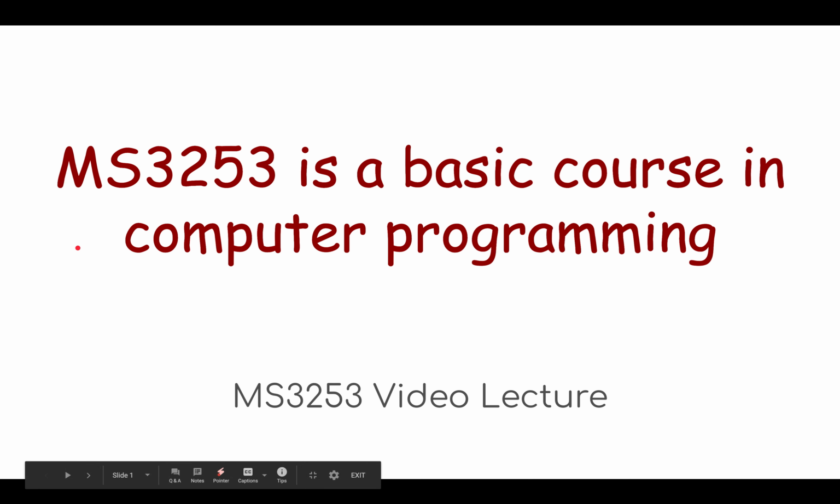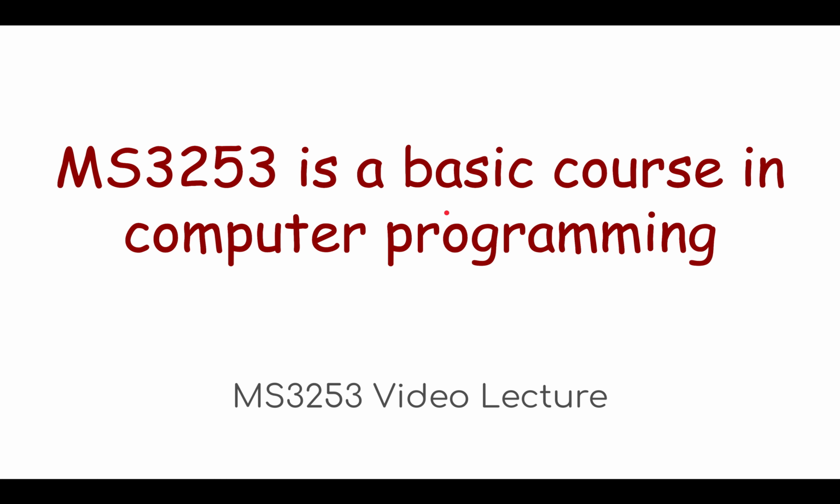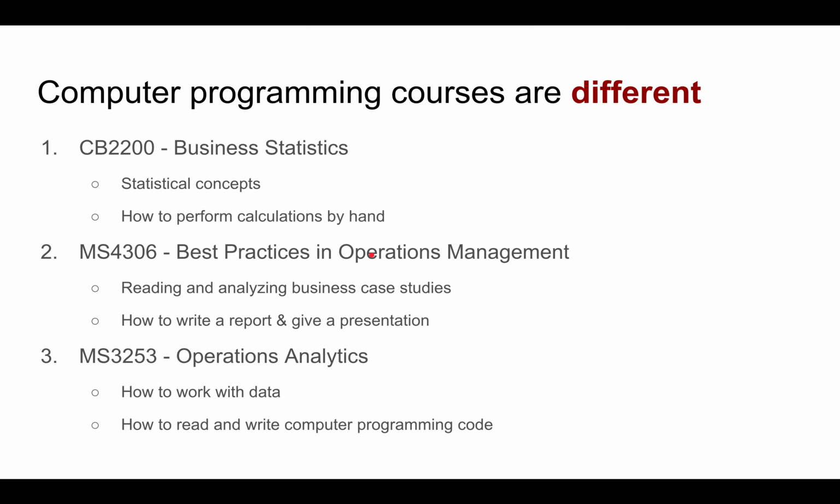In this video, I'll be explaining how MS3253 is a basic course in computer programming and what that means for you. Computer programming courses are different from many of the other courses that you've taken in the College of Business, such as business statistics, where you're focused on math concepts and how to perform calculations, or the best practices in operations management course, where you have to read and analyze a business case study, write a report, and give a presentation.